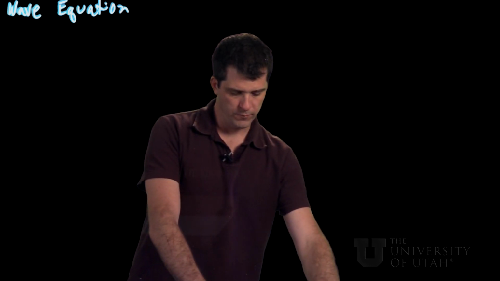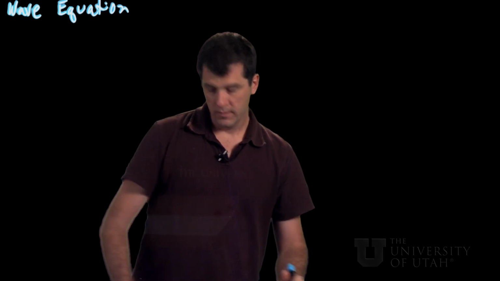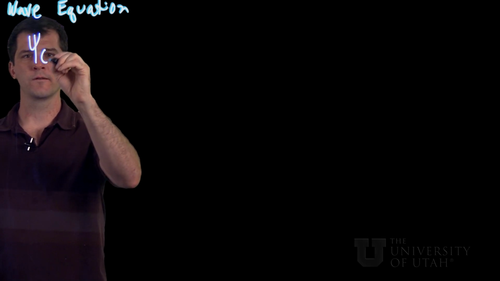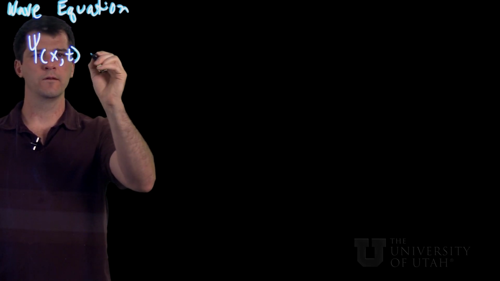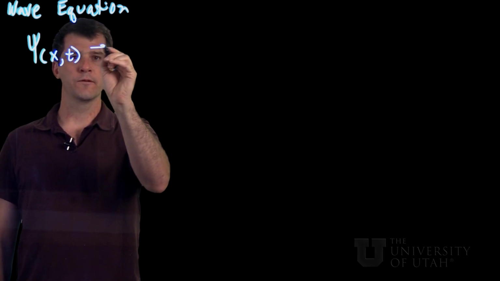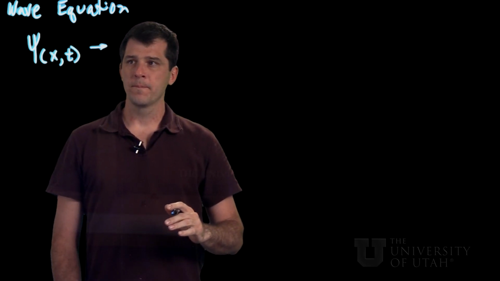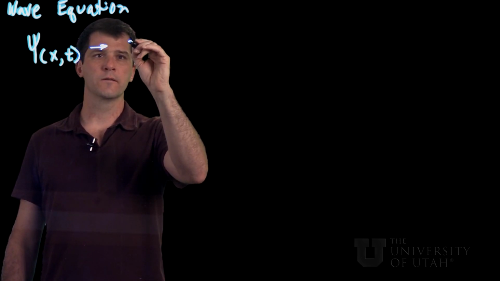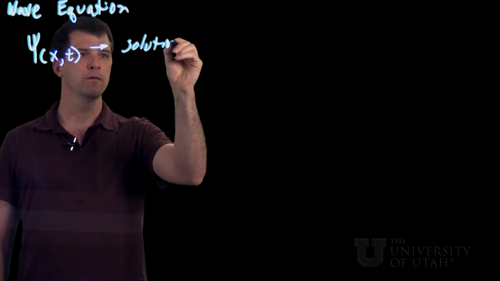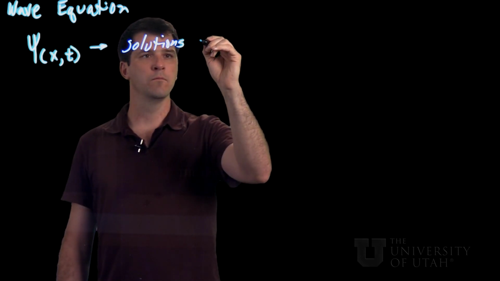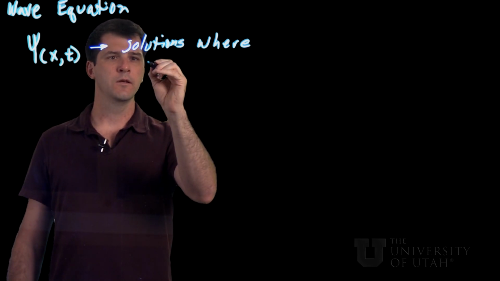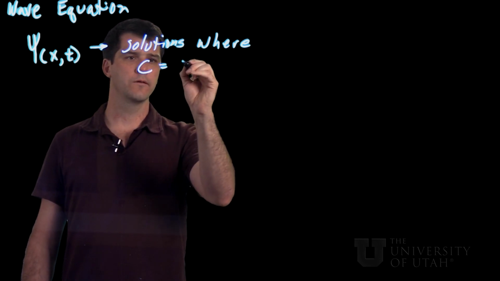So it's a partial differential equation, and what we're going to solve for is the wave function psi of x and t. And we're going to look for solutions in a uniform area. And what that means in terms of the wave equation is that the speed of the waves is constant.